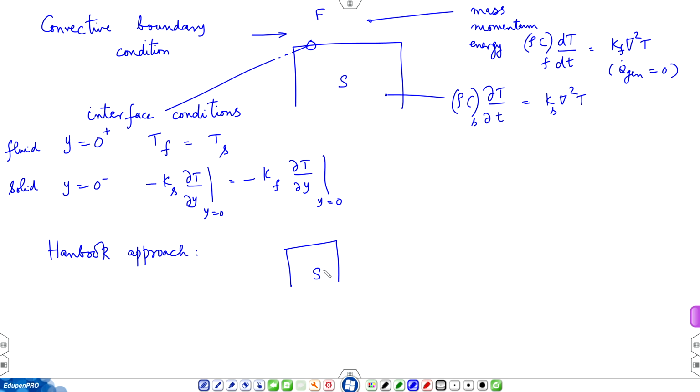So, between the two, solid and the fluid part of the governing equations is harder. So, suppose you are interested only in the solid part and you are willing to approximate the effect of fluid motion, then the handbooks carry information on a quantity called the heat transfer coefficient.